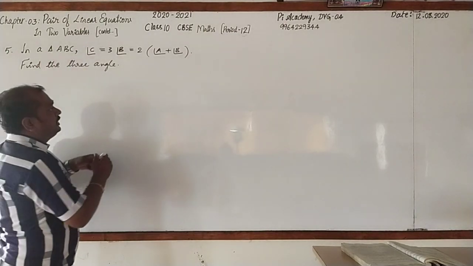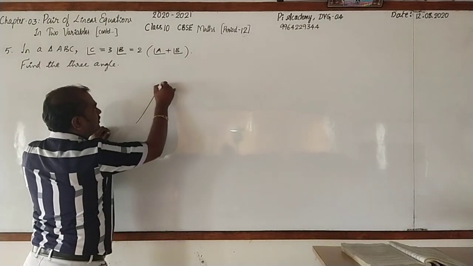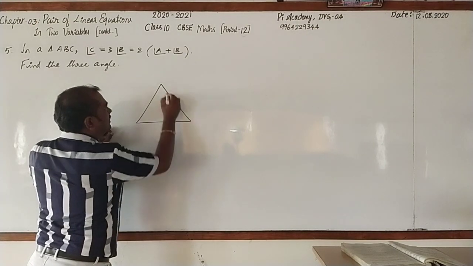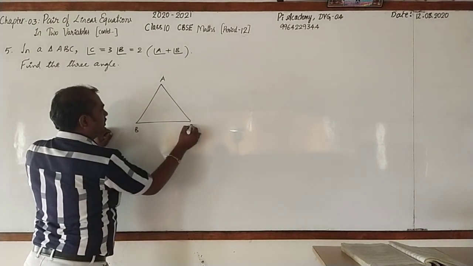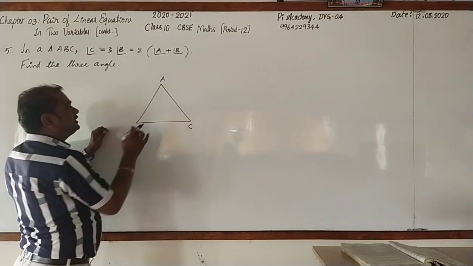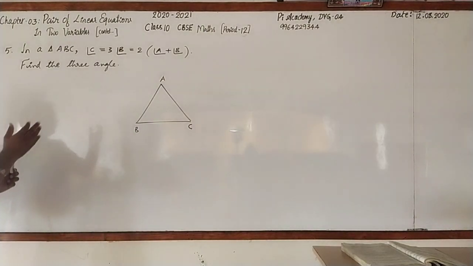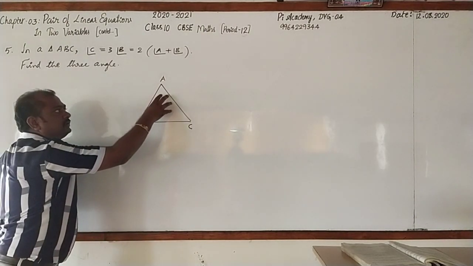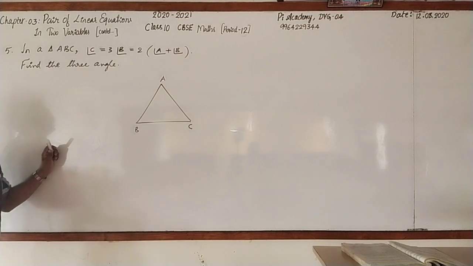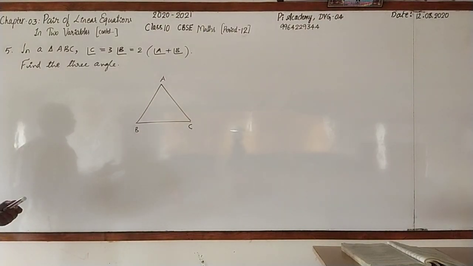If ABC is a triangle, then could you tell what are the angles? Angles are A, B and C. And we also know that the sum of interior angles of a triangle, how much it is? This is 180. It is quite a common property that we use in any triangle.